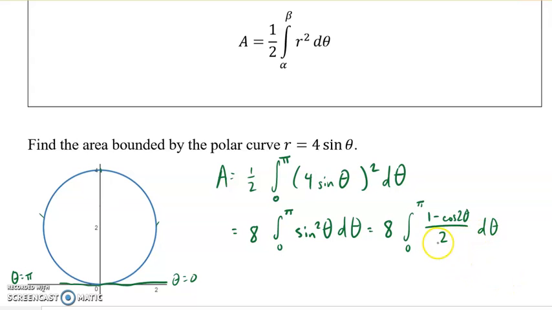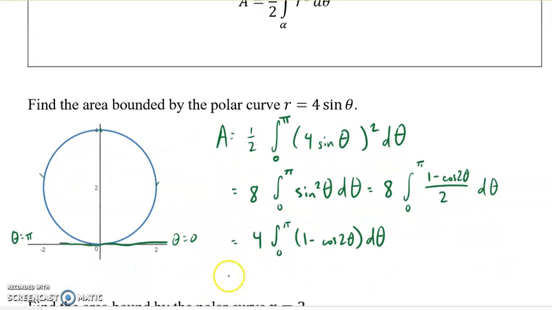So that's going to allow us to factor out a 1/2, and now we're going to get 4 times the integral from 0 to pi of 1 minus cosine of 2 theta, d theta. All right, so that's something we can integrate. Very straightforward, right? We just get theta for the 1, and minus, well, cosine integrates to sine.